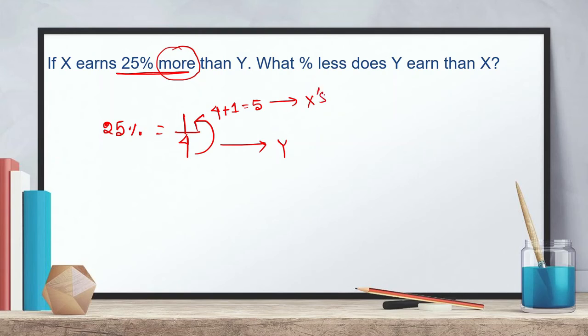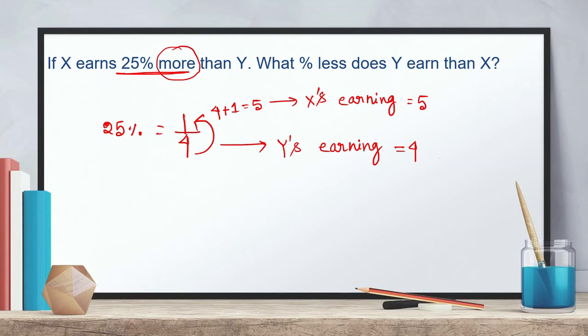So X's earning is 5 and Y's earning is 4. Now what is the question? What percentage less does Y earn than X?